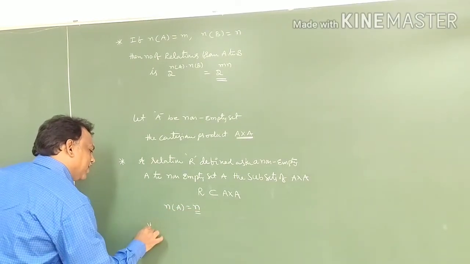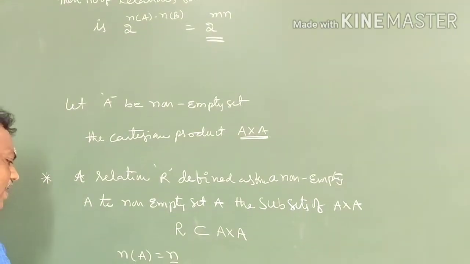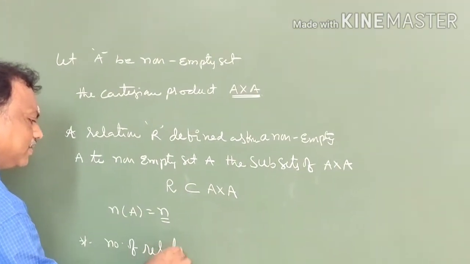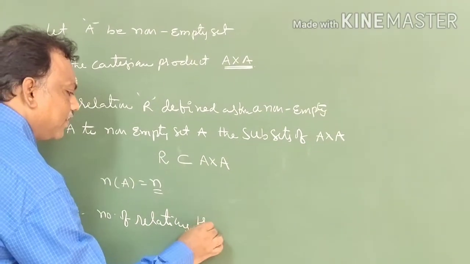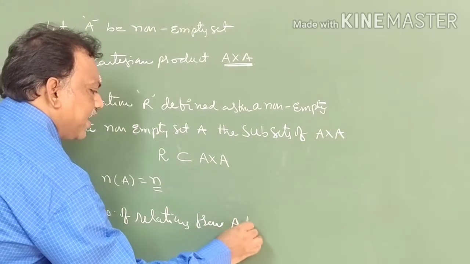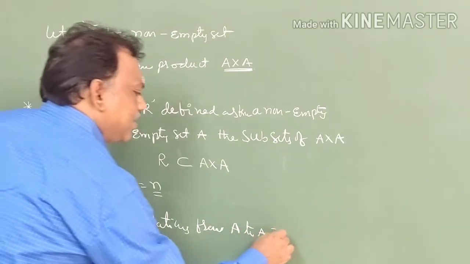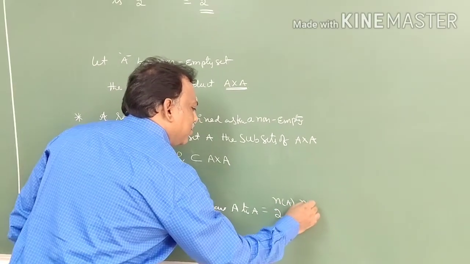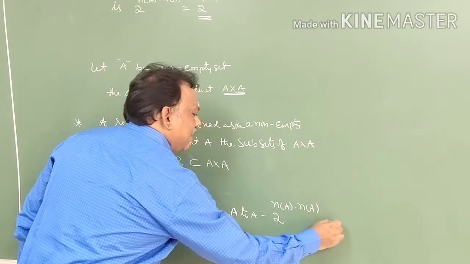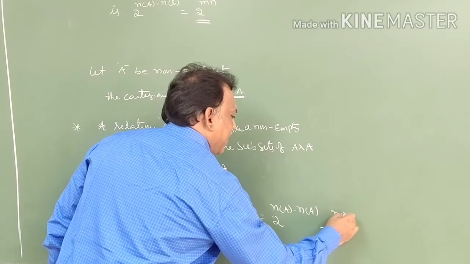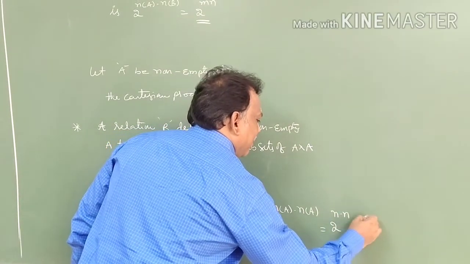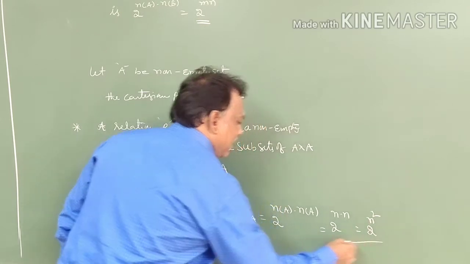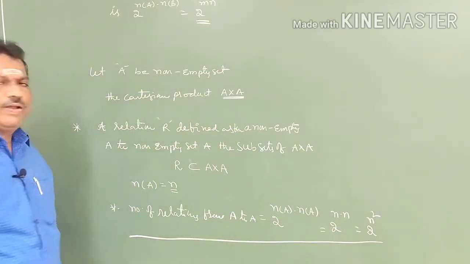Therefore the number of relations from A to A is equal to 2 to the power of n of A into 2 to the power of n of A, that is equal to 2 to the power of n into n. 2 to the power of n square is the number of relations from A to A.